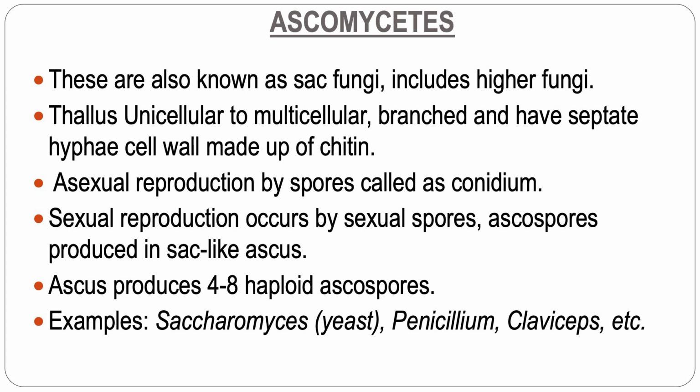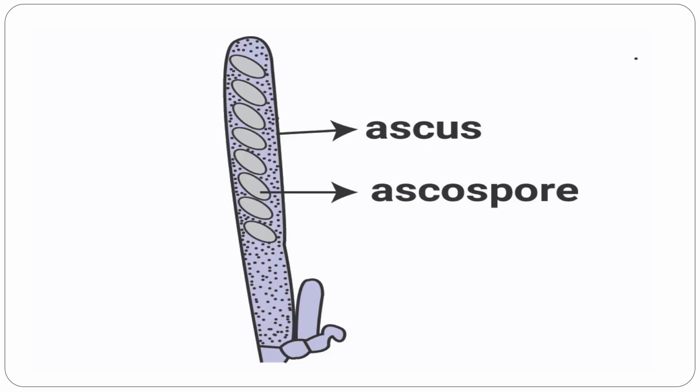In one ascus, there is formation of 4 to 8 haploid ascospores. Examples of the Ascomycetes are Saccharomyces, the yeast, Penicillium, Aspergillus, Claviceps, etc. These may be saprophytic. These are also found to cause diseases. From the diagram we can see the formation of 8 ascospores within the ascus.